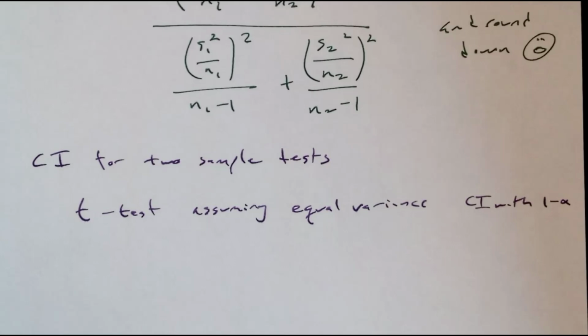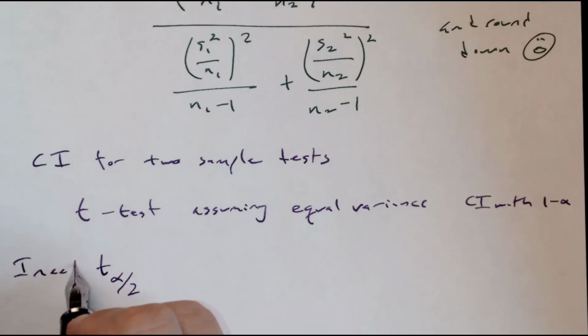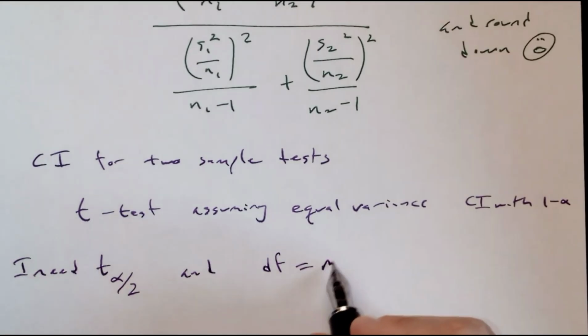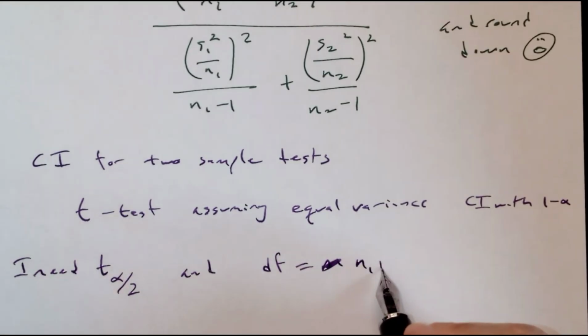Okay. 1 minus alpha. I'm going to need the right t-value. The t-value is t alpha over 2. I'm going to use the degrees of freedom that we know before.